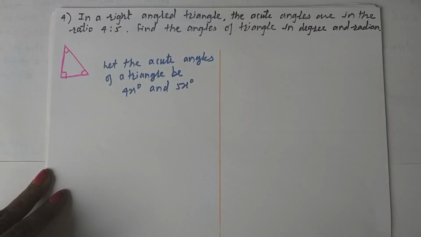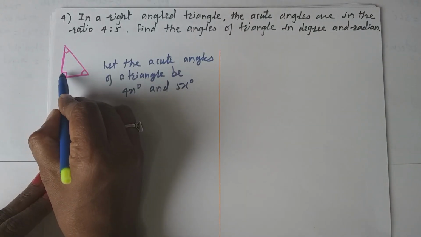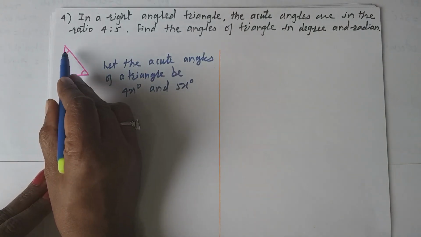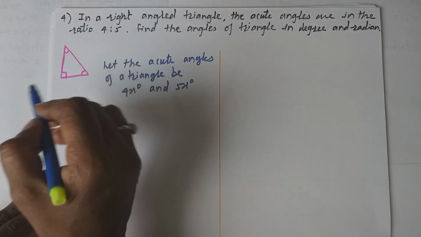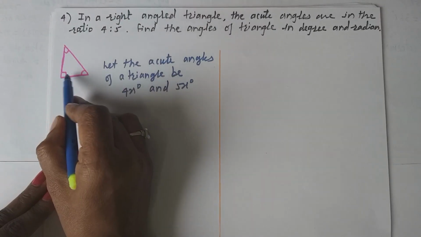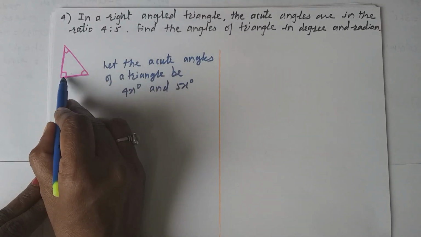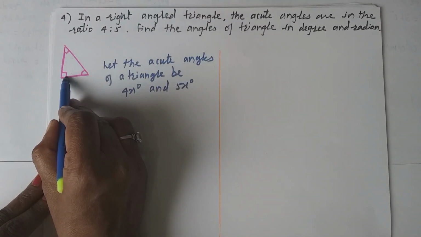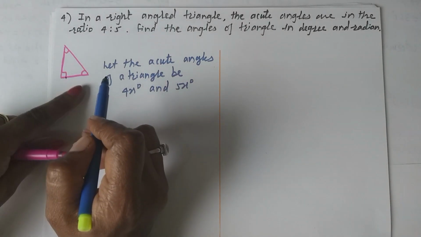You can use the property that the sum of all three angles of a triangle is 180 degrees, or you know that in a right angle triangle this angle is 90 degrees, means the sum of these two acute angles is what? That is 90 degrees. The measure of three angles is 180 degrees. This is a right angle, means this angle is 90 degrees. Then what will be the sum of the remaining two angles?